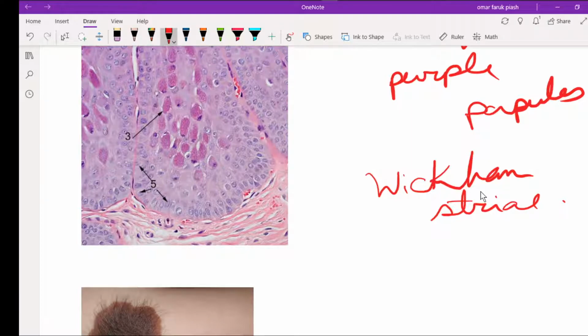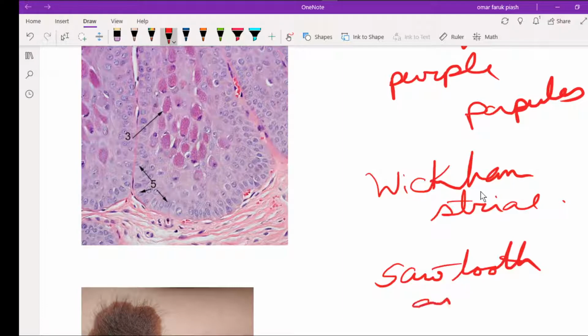So in lichen planus, all is polygonal, planar, purple papule, often with reticular white lines on their surface. This is known as Wickham stria. It commonly involves the wrist, elbow, and oral mucosa. Oral involvement manifests as Wickham stria, and the histological picture you will get is in the dermo-epidermal junction, where you will get the sawtooth appearance.